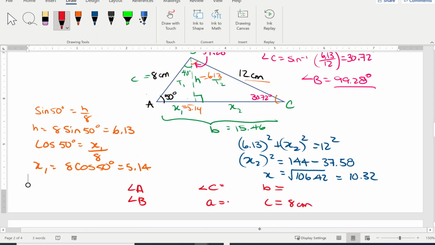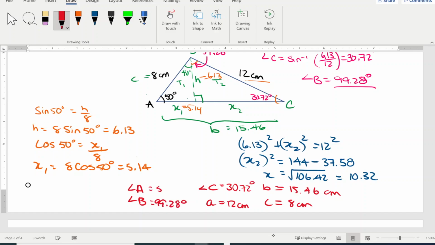A was 12 centimeters, and side B is 15.46 centimeters. Then angle C was 30.72 degrees, angle B is 99.28 degrees, and angle A we had from the beginning was 50 degrees.